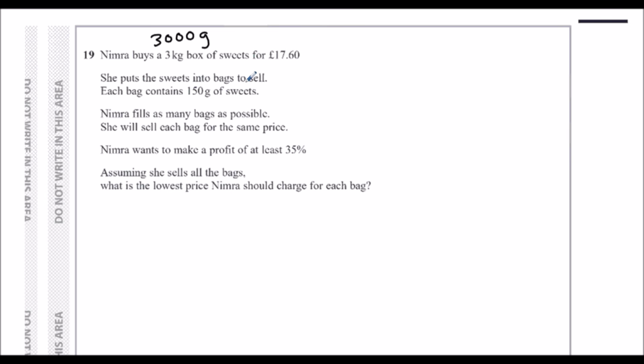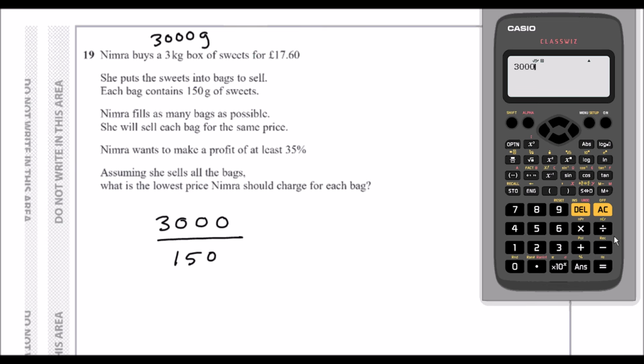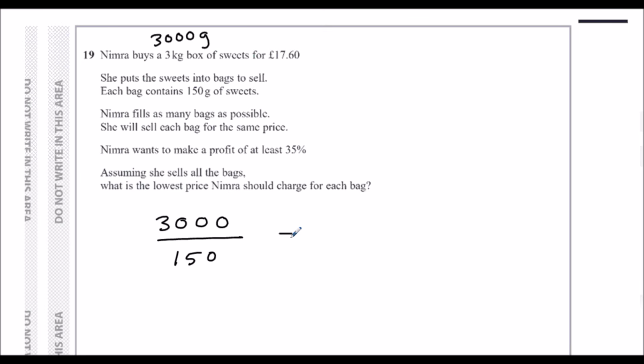So how many bags of sweets have we got? 3,000 grams of sweets, 150 in each bag. So 3,000 divided by 150 means we've got 20 bags. 20 bags of sweets. And we want to make a profit of at least 35%. So our costs are £17.60.